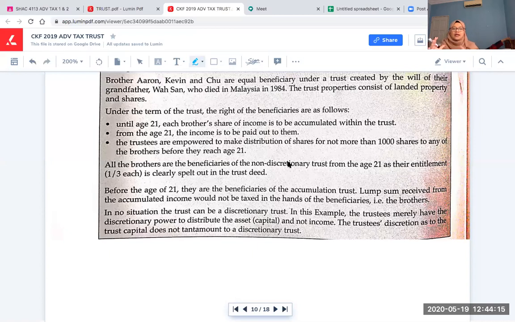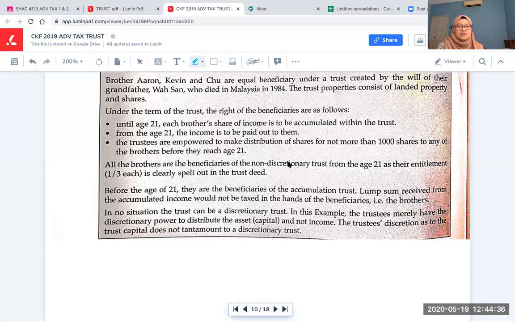When they reach the age, in this case age 21, then only do you distribute it to the beneficiaries. In the case of distribution from accumulation, it is considered capital in nature. So it's not taxable. It would not be taxed in the hands of the beneficiaries, which are the brothers.